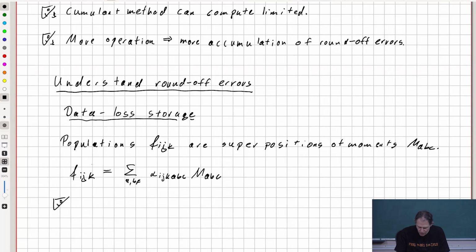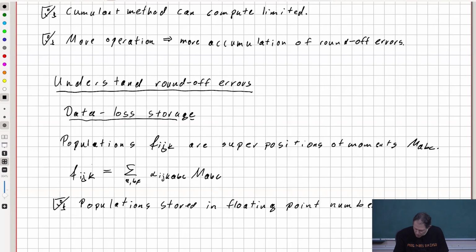Let's look at how we store our variables. They are stored, of course, in floating point numbers. And though there are different formats, for the purpose of this discussion they are not that much different.